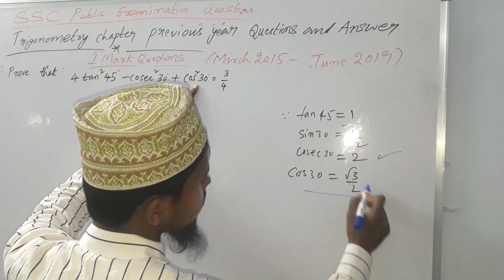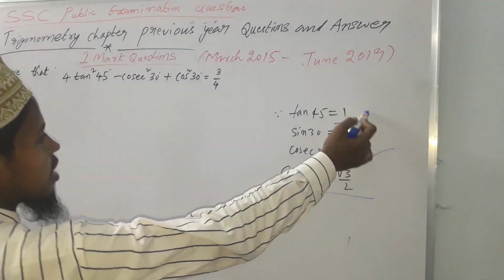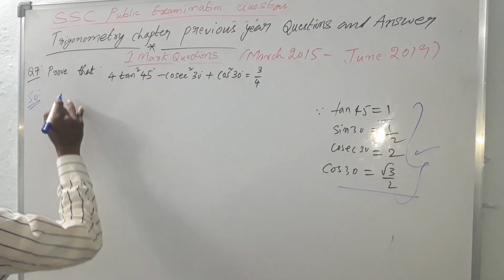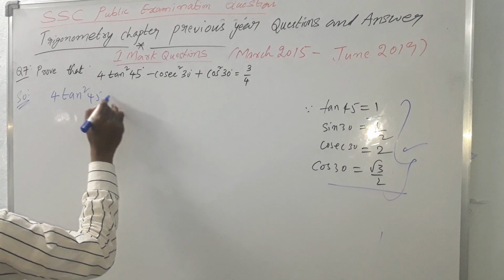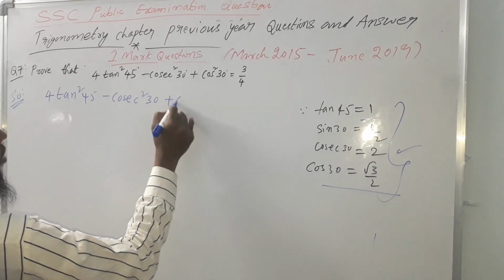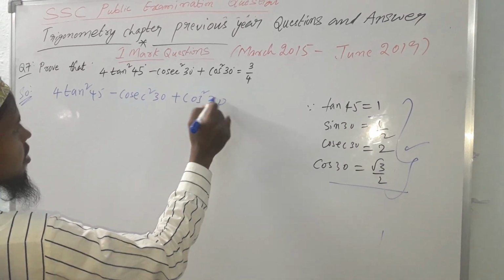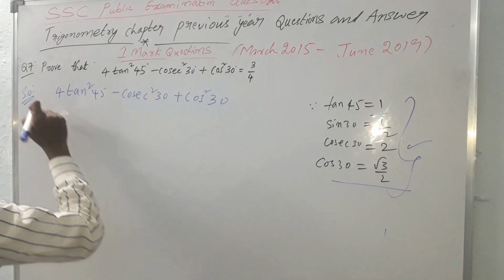And cos 30 is root 3 by 2. You have to substitute these values in this. 4 tan square 45 minus cosec square 30 plus cos square 30. This is the LHS. RHS is 3 by 4. We can prove this.